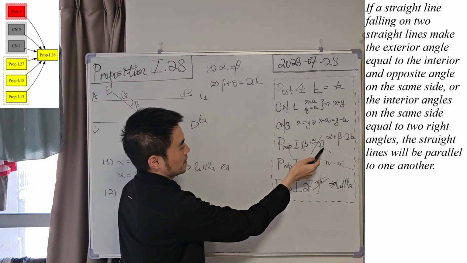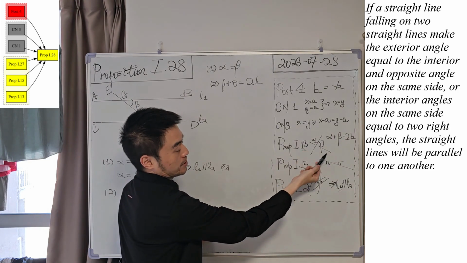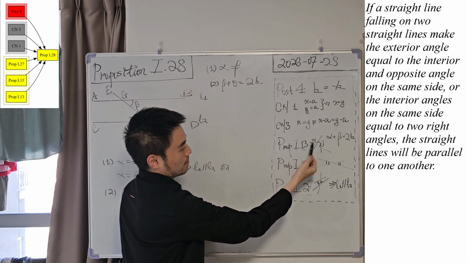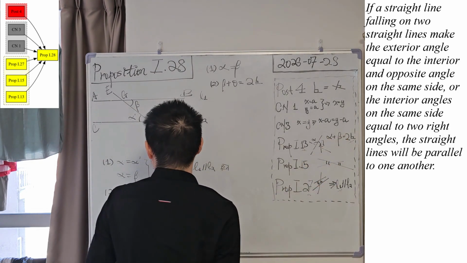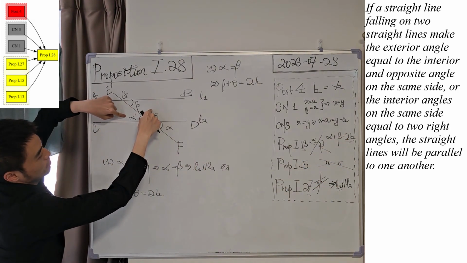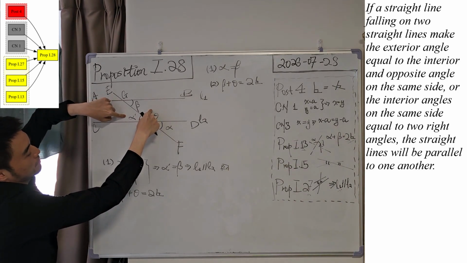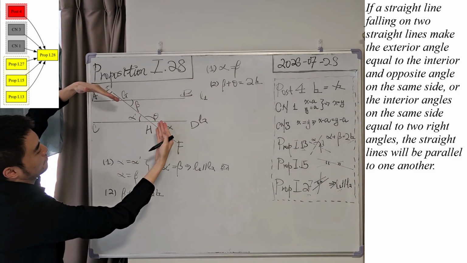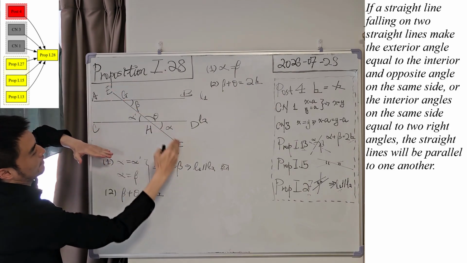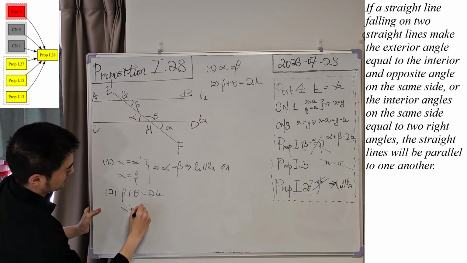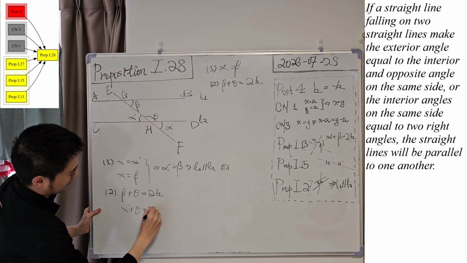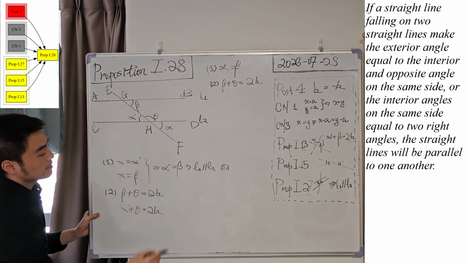We proved that if two straight lines meet each other, then the sum of two adjacent angles is equal to two right angles. So these are two adjacent angles of the meeting straight lines EF and CD, right? So the sum of them must be equal to two right angles, right?